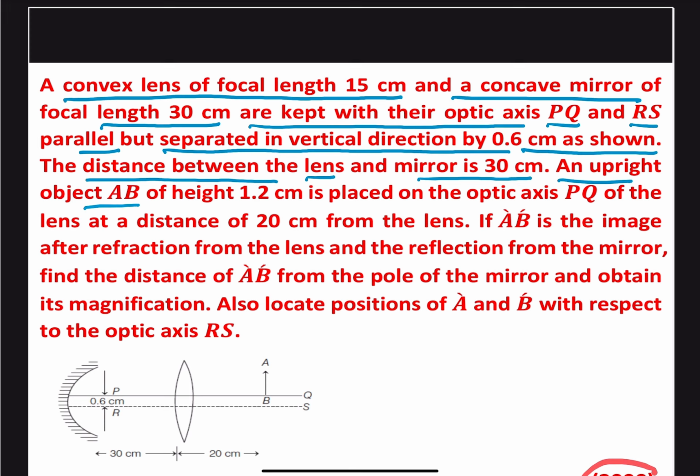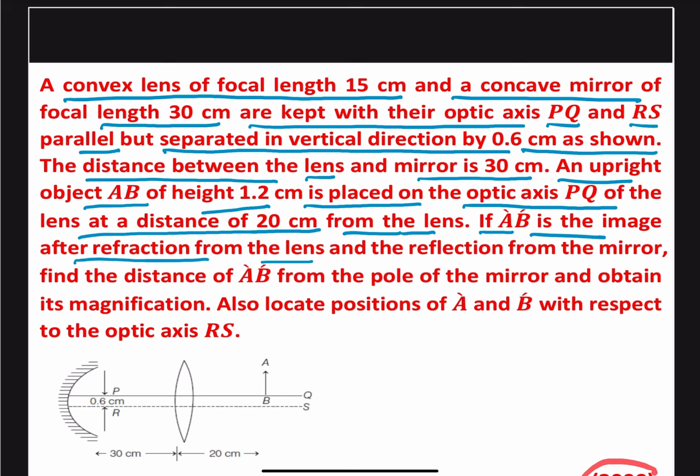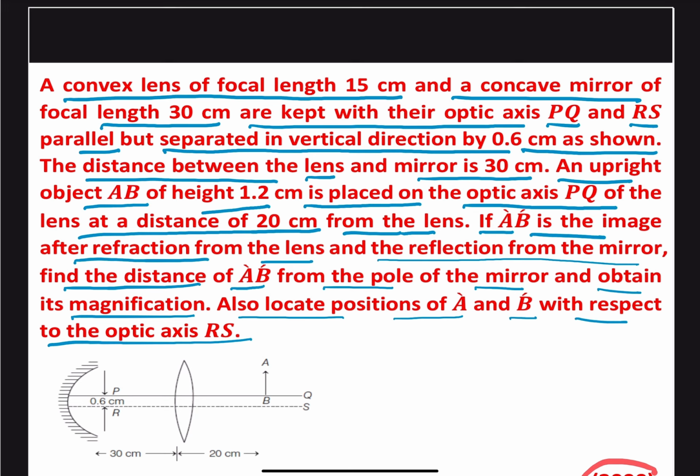An upright object AB of height 1.2 cm is placed on the optic axis PQ of the lens at a distance 20 cm from the lens. If A prime B prime is the image after refraction from the lens and reflection from the mirror, find the distance of A prime B prime from the pole of the mirror and obtain its magnification. Also locate positions of A prime and B prime with respect to the optic axis RS.